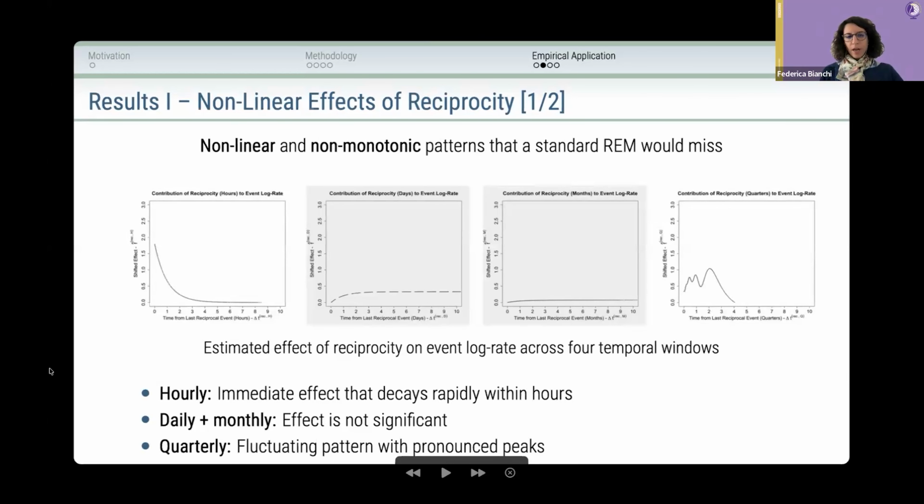So just briefly, a nice aspect of our results is that they can also be interpreted in terms of hazard rate.